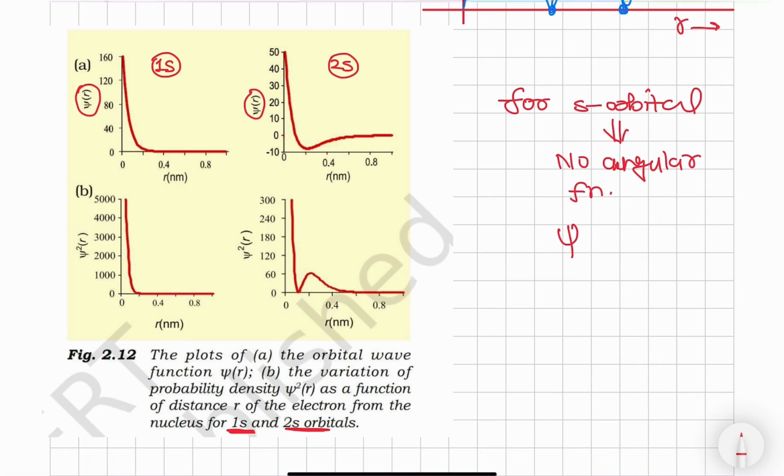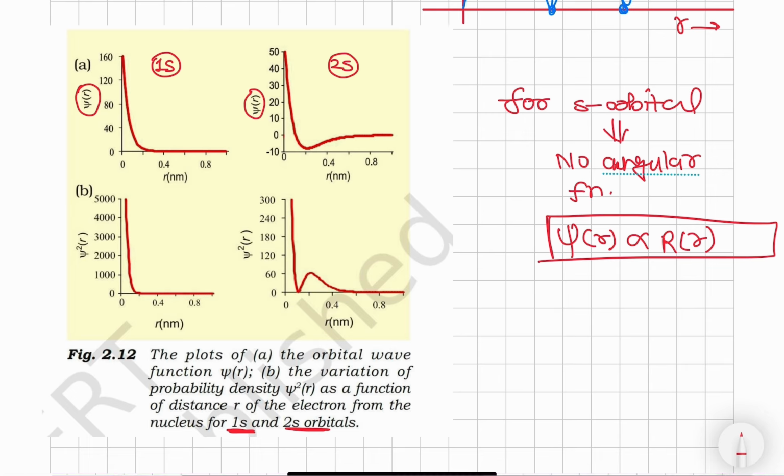That's why the wave function psi r is directly proportional to R r. So that's why in NCERT, given in this book, we can see psi r in place of R r. Okay, so let's consider the function for 1s orbital and 2s orbital.